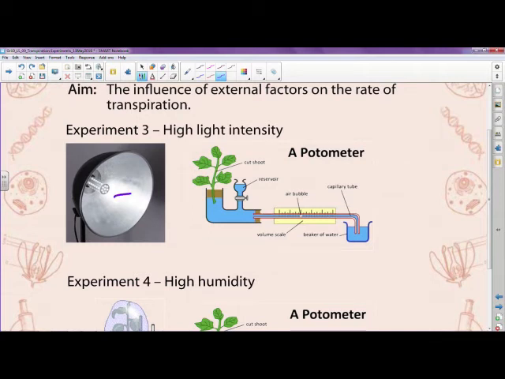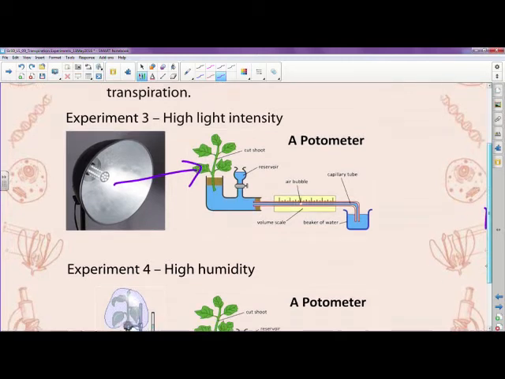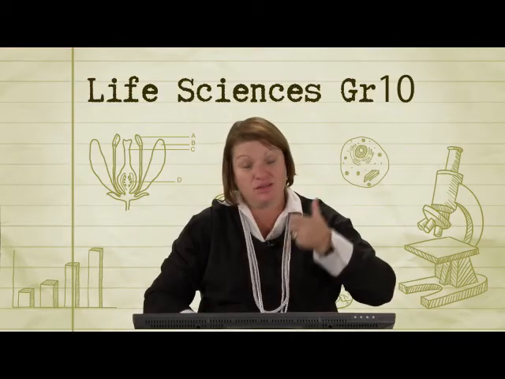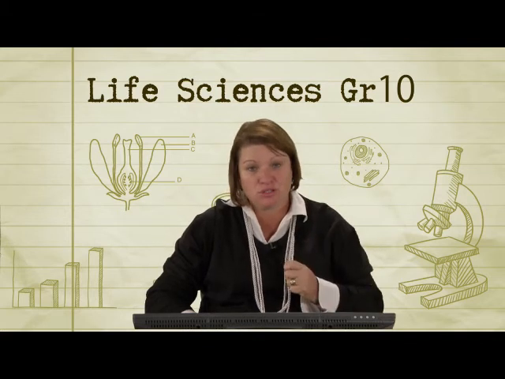The bright light is for light intensity, and I'm going to do the experiment 3 times. The last one, I'm going to put a plastic bag, as I showed you in this potometer over here. I put a plastic bag because the water is going to create water vapor, which is humid conditions. And once again, I am then going to take my results.